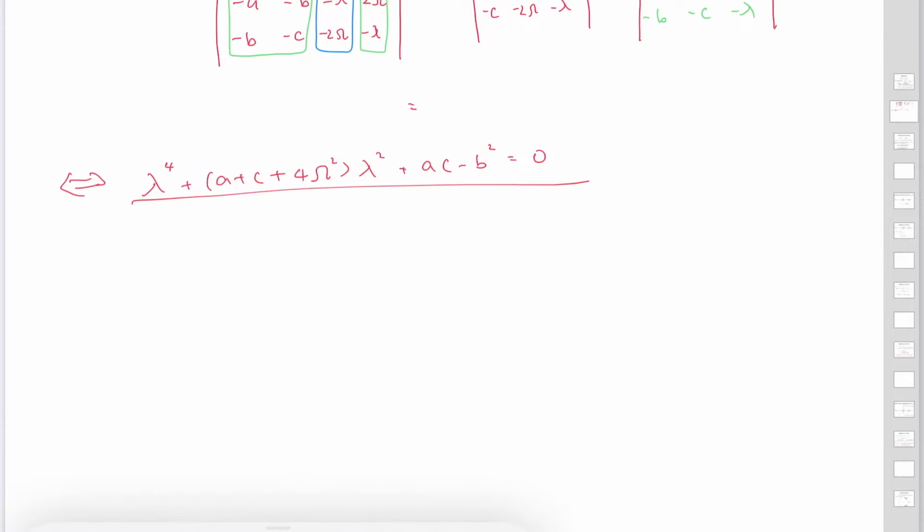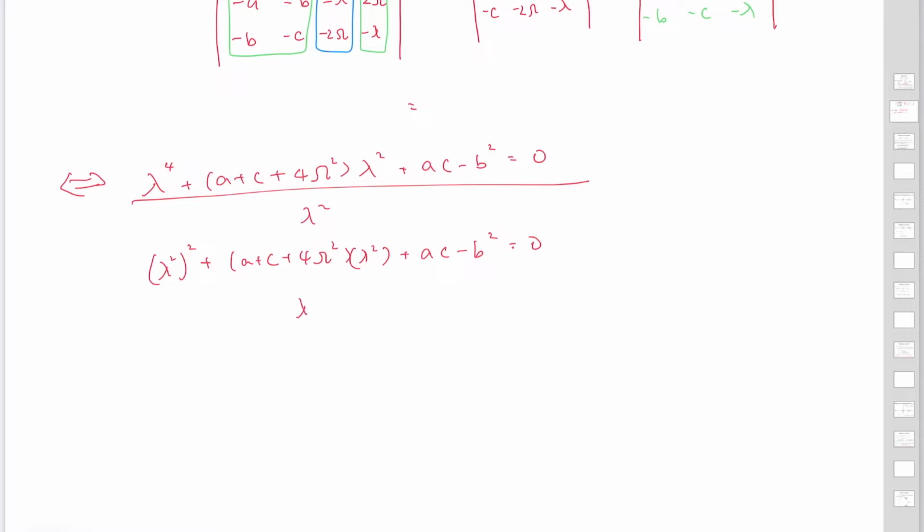To solve this equation, you should consider lambda squared as one variable. So lambda to the fourth plus (a plus c plus 4 omega squared) lambda squared plus ac minus b squared equals 0.